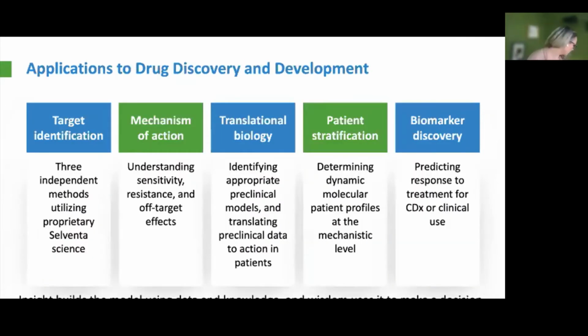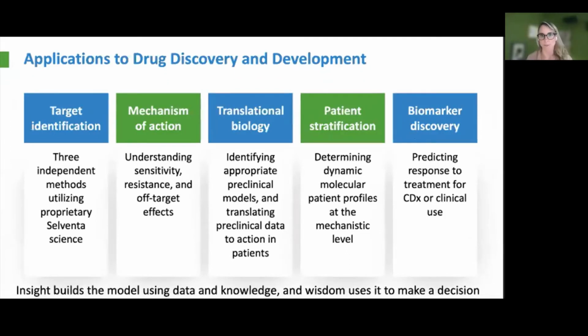And the types of actionable decisions that we've been working on pertain to the applications of drug discovery and development. Of course, these are real industry problems. And these are just the classic personalized medicine problems.